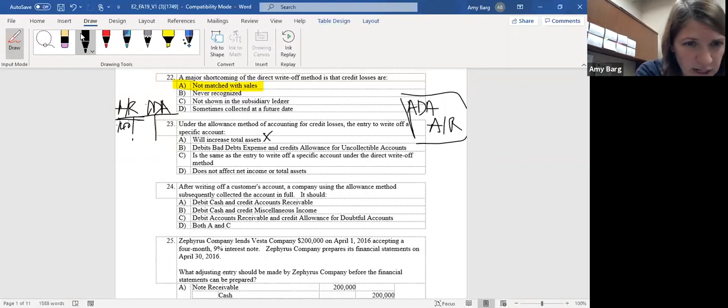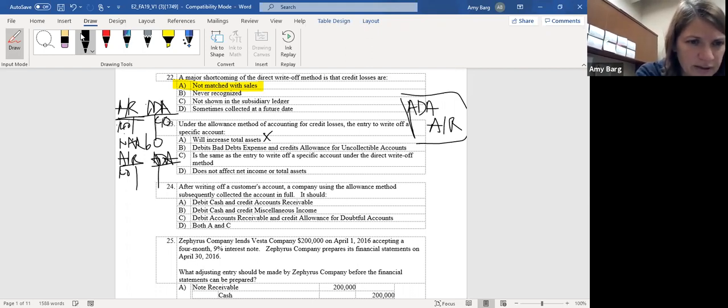And you have 40 in your allowance for doubtful accounts. Well, 100 minus 40, your net AR is 60. So what happens if we write something down? We have this AR and this ADA, and we had this 100 in there to begin with.